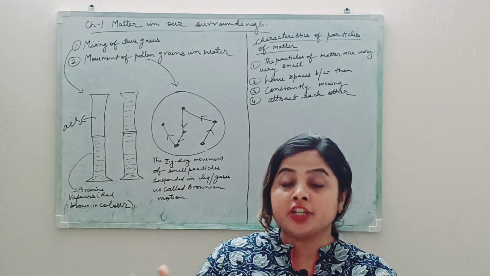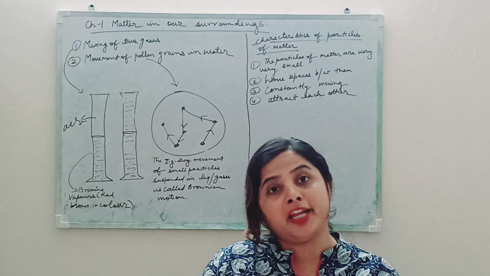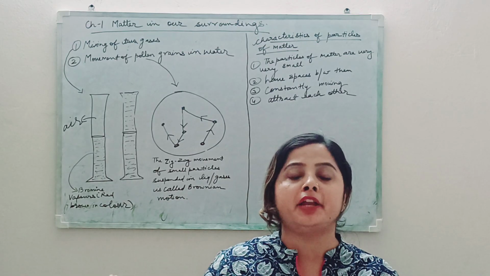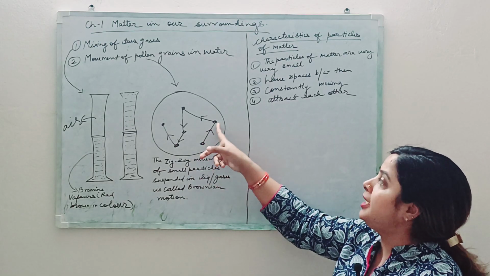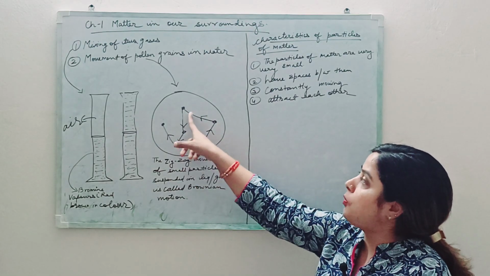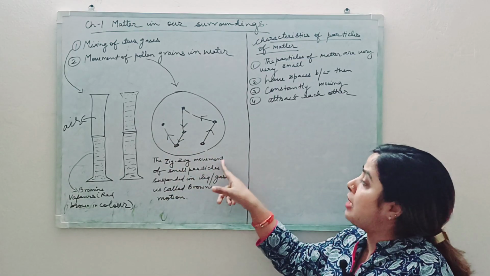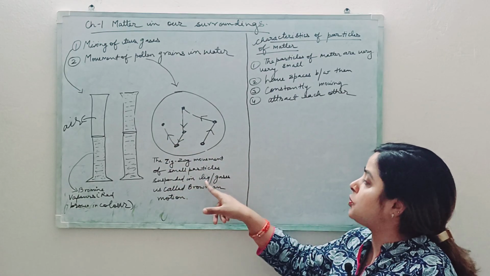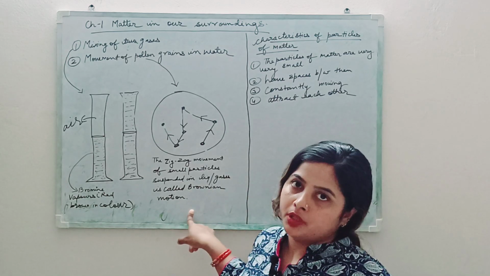This shows that the particles of water are in motion, and they hit the pollen grains such that the pollen grain is moving in the zigzag direction, and this zigzag movement of small particles suspended in liquid and gases is called Brownian motion.